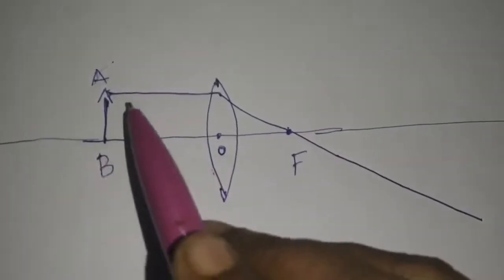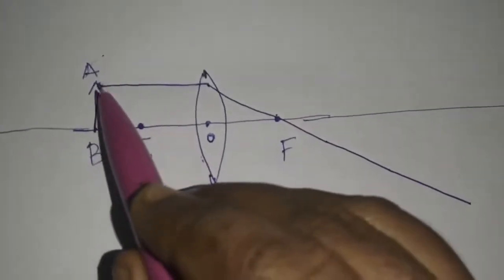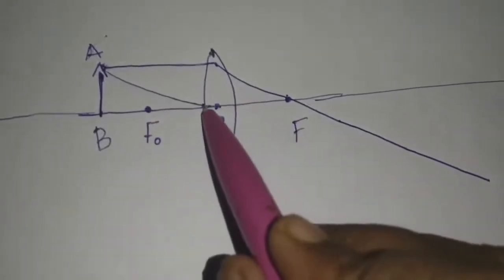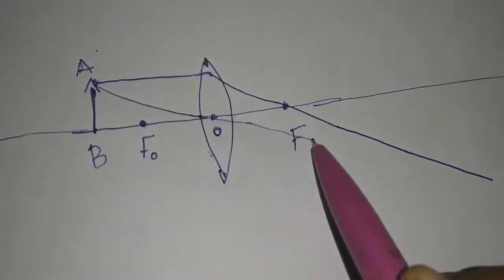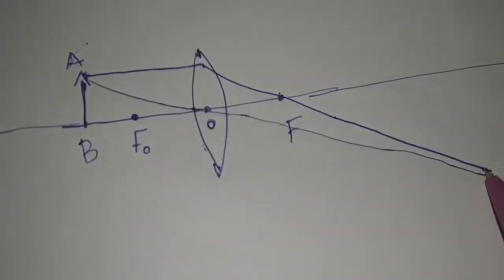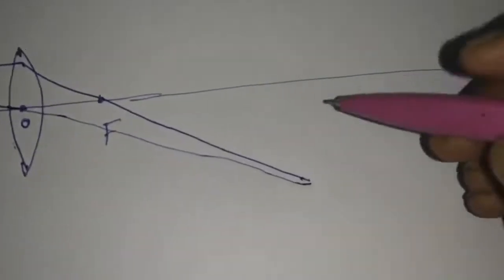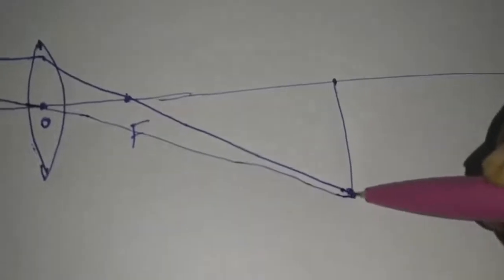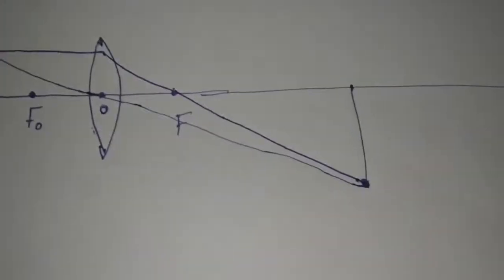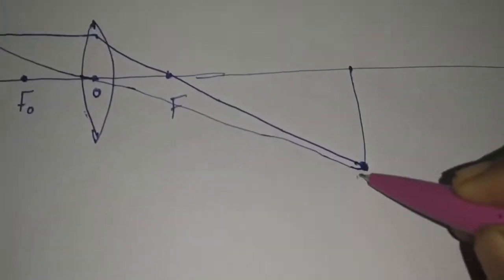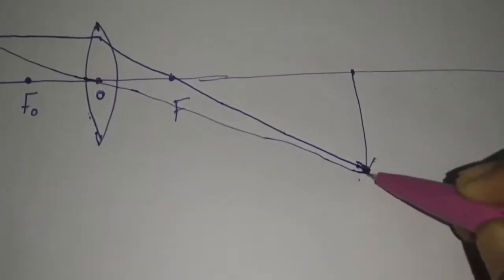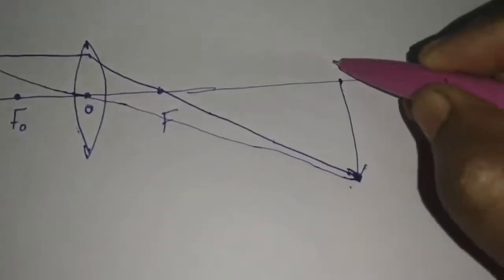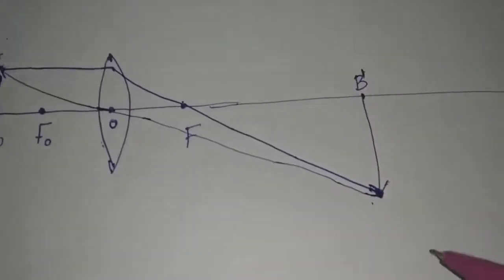And then the second ray, the ray which goes through the optic center, goes on without any deviation. So we will get the image here at this point, and this image will be real and inverted. Very important, this image will be real and inverted. So B dash, A dash.